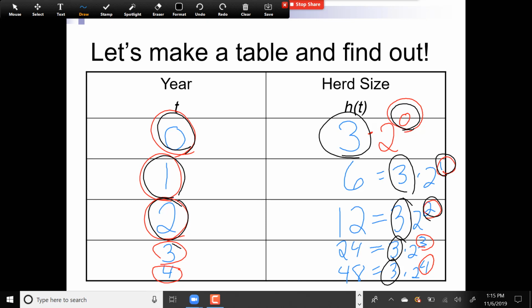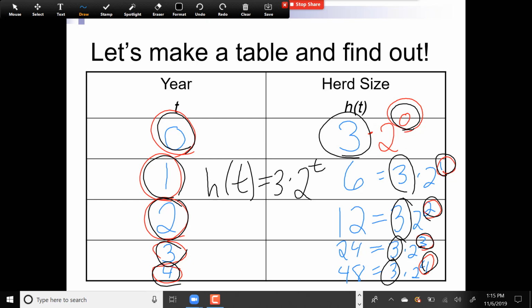So that gives us a little pattern that might make it so that we could write our equation for h of t. We might be able to say h of t is that starting amount of alpacas times 2, because each year we're doubling, to the t, where t is the number of years since we started our farm.